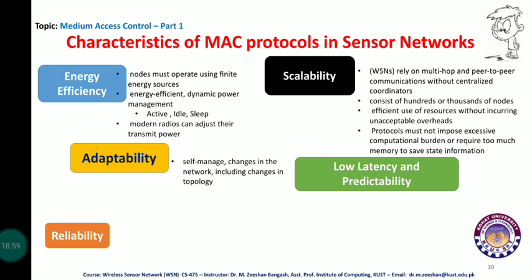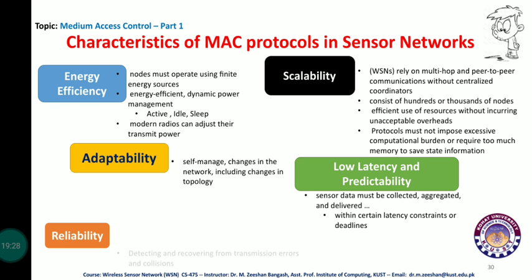Regarding adaptability, the MAC protocol needs to be self-managed because it is deployed in an unattended environment, and it should remain effective if there is a change in the topology or network, so it can adapt accordingly. Regarding latency and predictability, the sensed data needs to be collected, aggregated, and delivered within a certain latency constraint or deadline. That is most important.